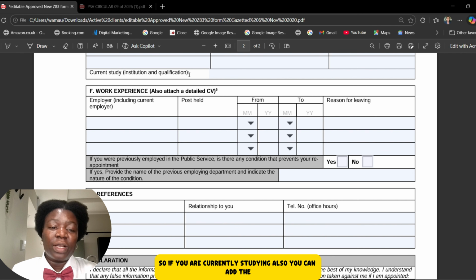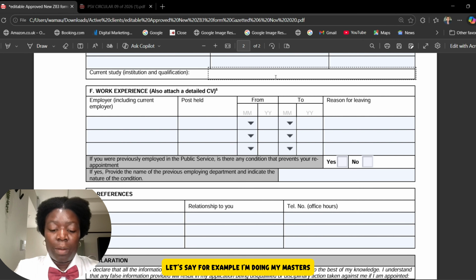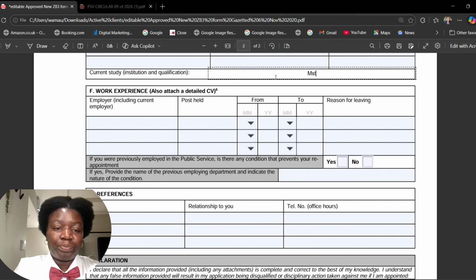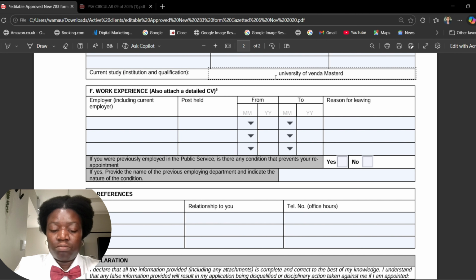So if you are currently studying, you can also add it if you're currently doing a particular qualification, okay? You will write the name of the institution and the qualification. Let's say, for example, I'm doing my master's at the University of Venda, and I am doing maybe, let's say, a master's in public health.